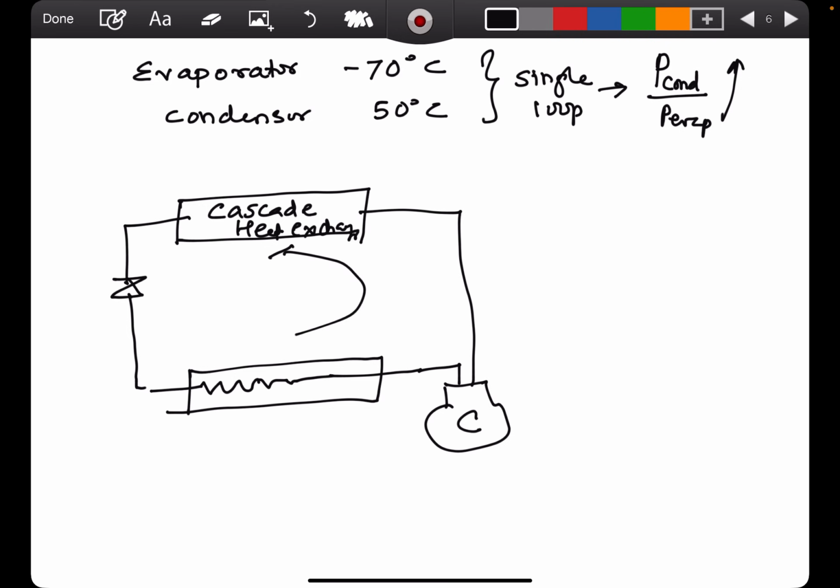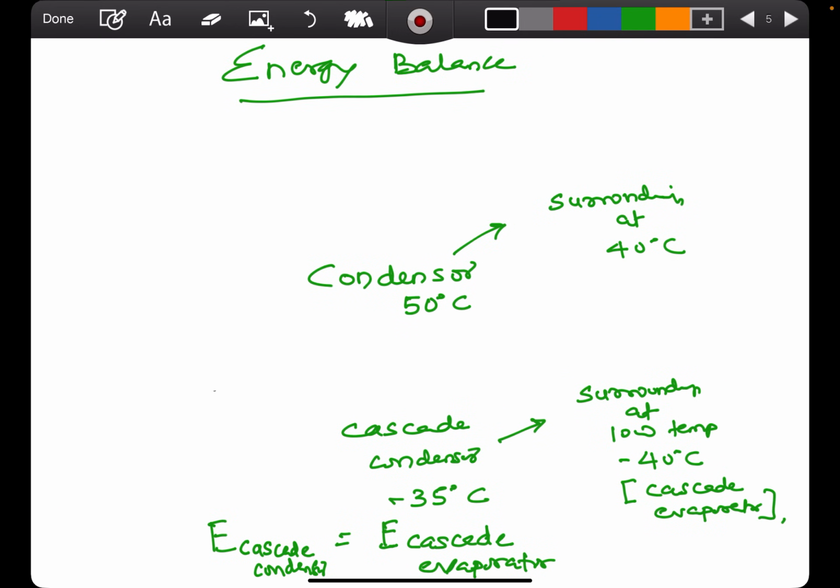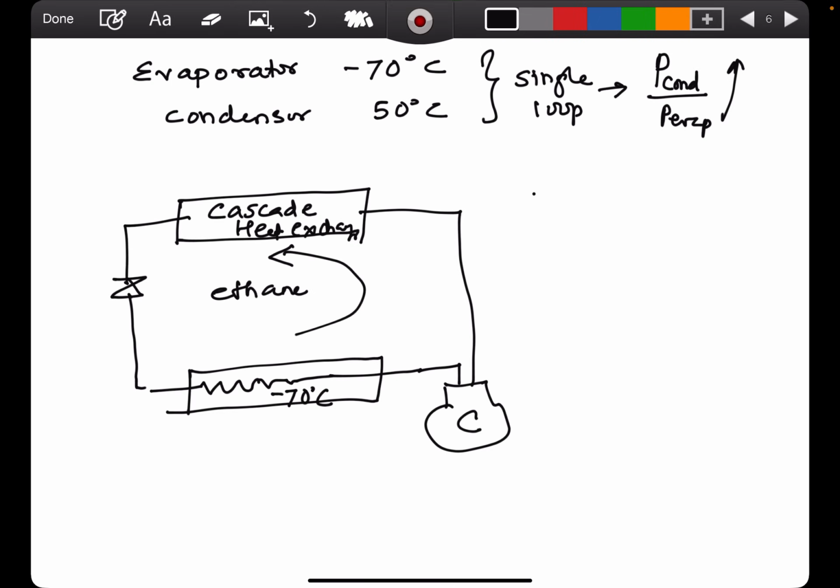Here the refrigerant is ethane, and the temperature is minus 70, right? And if you look at this diagram carefully, you would find that this refrigerant would condense at minus 35. So it means that the cascade condensation temperature is minus 35 degrees centigrade.